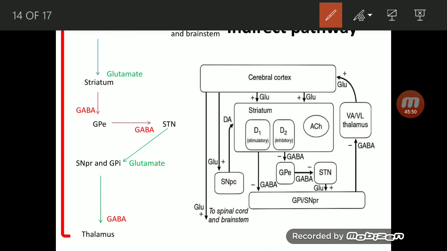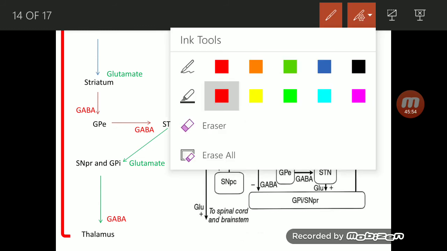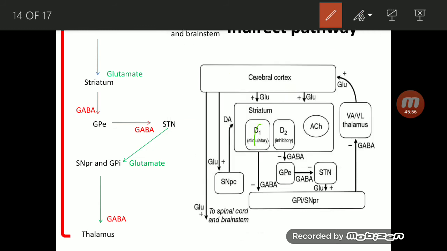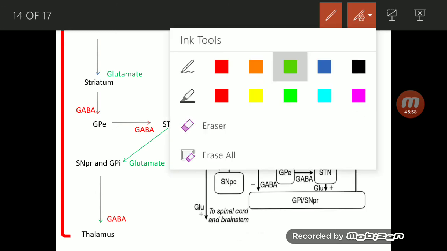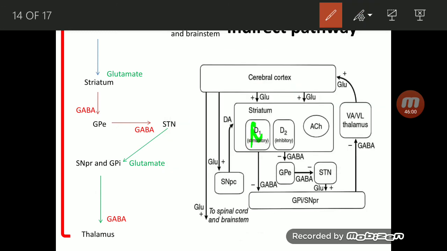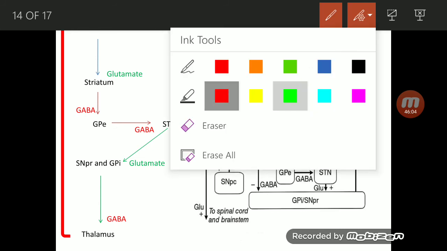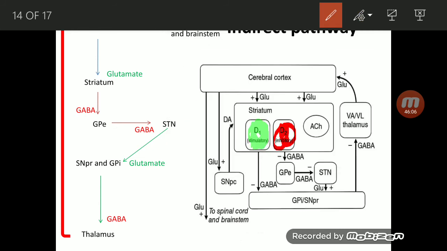Again, one signal is asking you to move, that is the direct pathway. The other signal is asking you to stop, that is your indirect pathway.